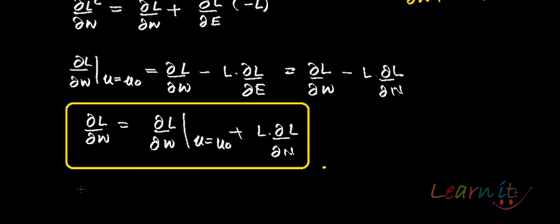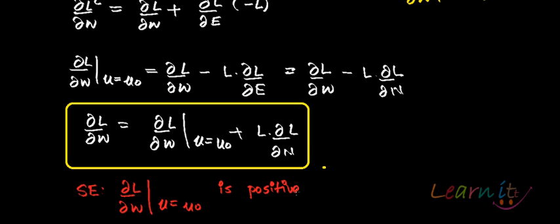So the substitution effect, which is del L by del W with U equal to U naught, is positive. Well, if you remember, the substitution effect in the case of normal commodities is always negative, and that's true here also. Del L by del W is positive, which would mean del small l by del W would be negative.